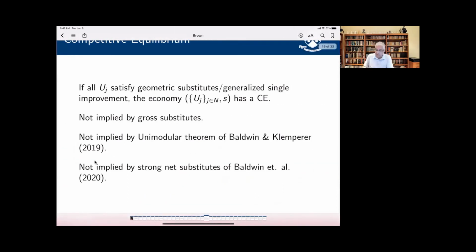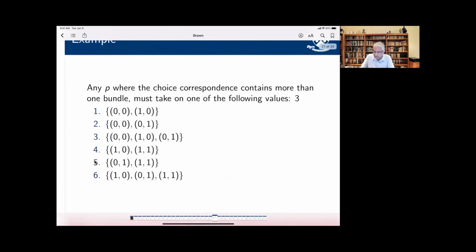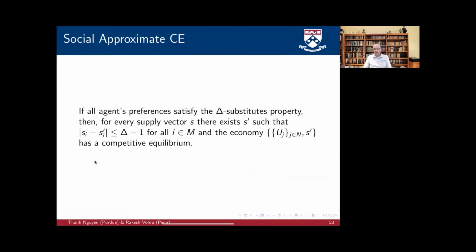And now, here is, I think, the important result. So let me describe that. This is the approximate competitive equilibrium. If all agents' preferences satisfy the delta substitutes property, then for every supply vector s, there exists a perturbation of the supply vector, which we're going to call s prime.